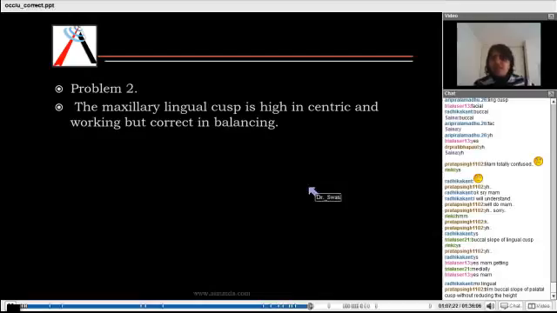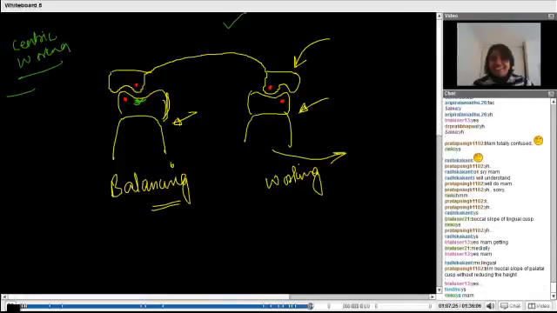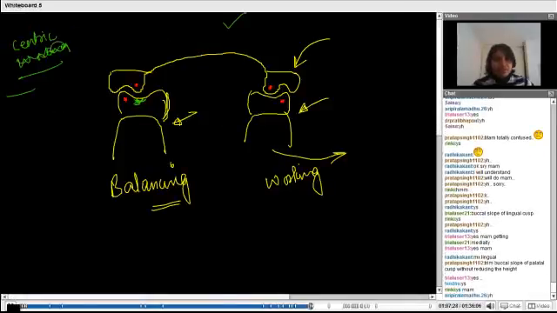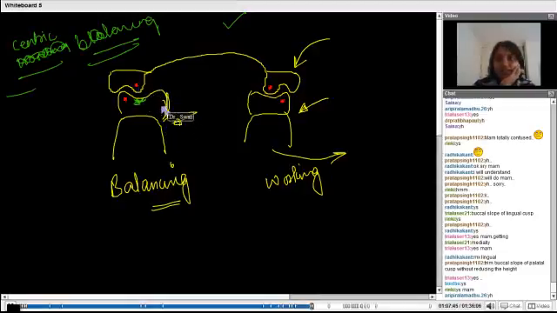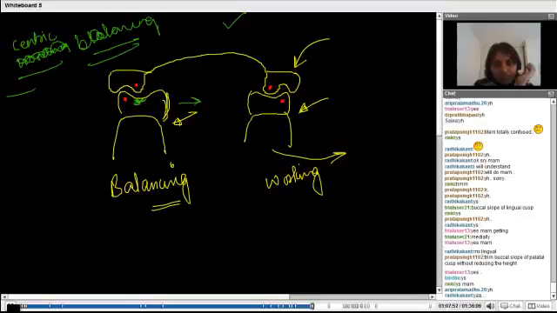I made a mistake. That's why you're not understanding. I noted the problem wrong. Okay. So centric and balancing is correct. Working is wrong. So when we move this thing, in the balancing side, what happens is your jaw is moving towards this side, right side.